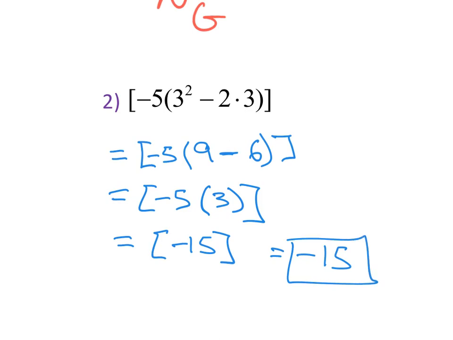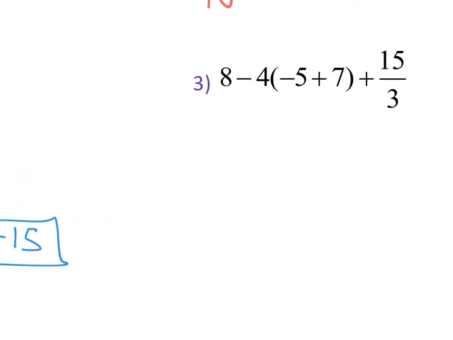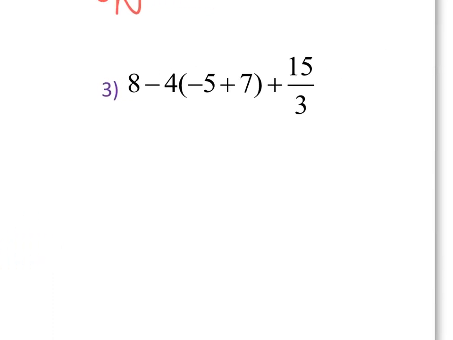And then let's take a look at number 3. In number 3 here, again, we got a little more complicated. I do see some parentheses, so that's my grouping symbol. We'll deal with that first. This 8, and then there's a minus sign, and then there's this 4 times -5 plus 7 part, and then the plus sign, and then the 15 divided by 3.